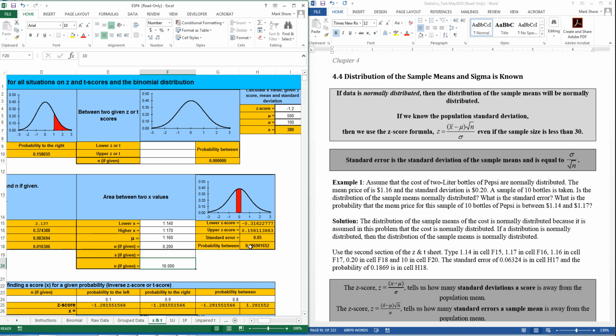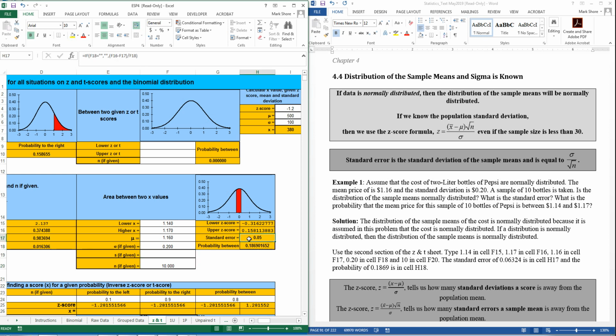Then it calculates the standard error right here. Again, that's from taking your standard deviation of 0.2, dividing it by the square root of 10, which gives you 0.05.